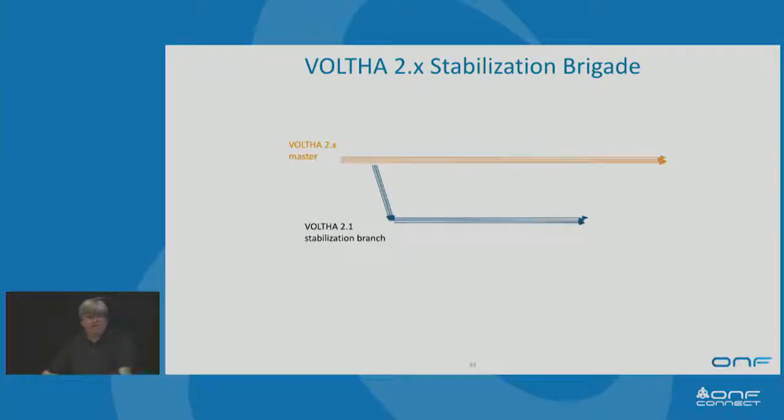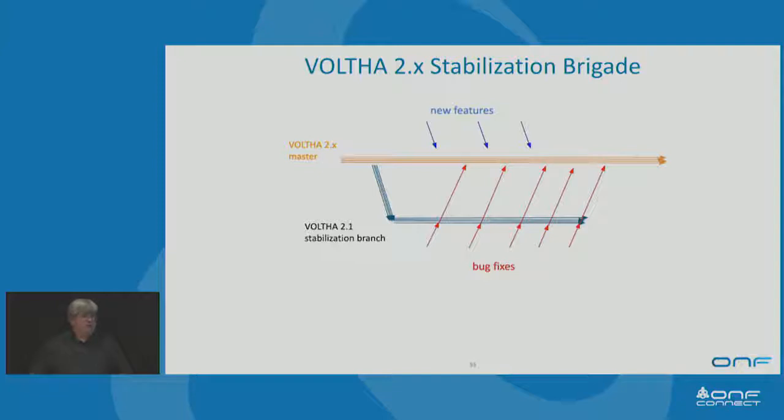So, as I mentioned before, there is a stabilization brigade. The stabilization brigade has already forked a stabilization fork where the stabilization work is taking place. It's called 2.1, so master, I think, has gone on to 2.2, where stabilization is at 2.1. New features are going into master.